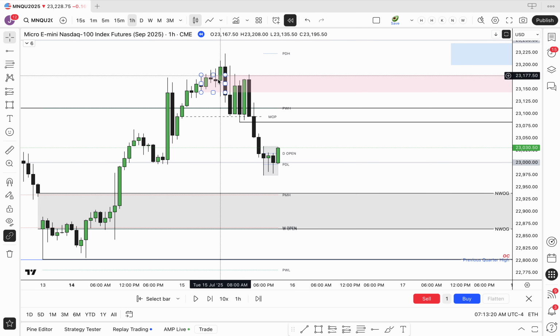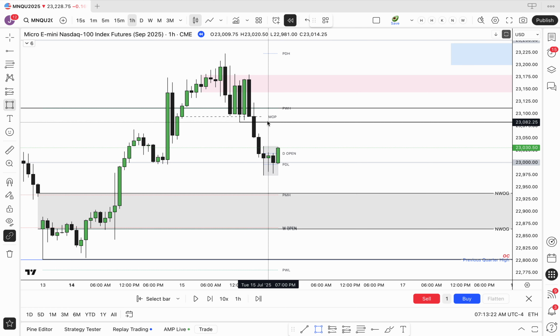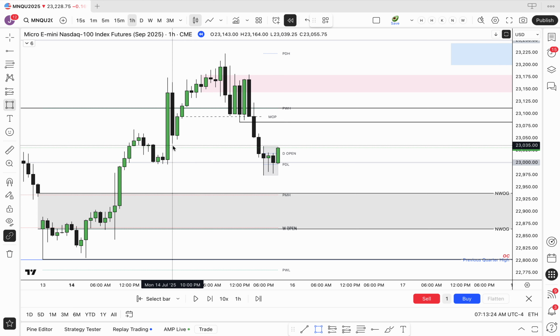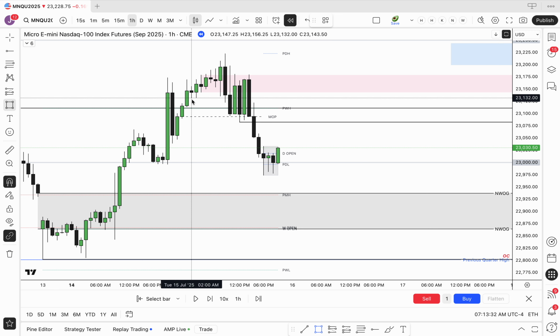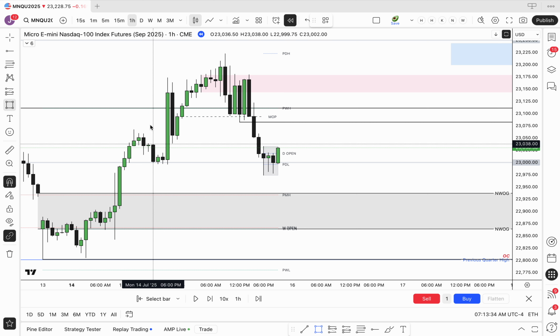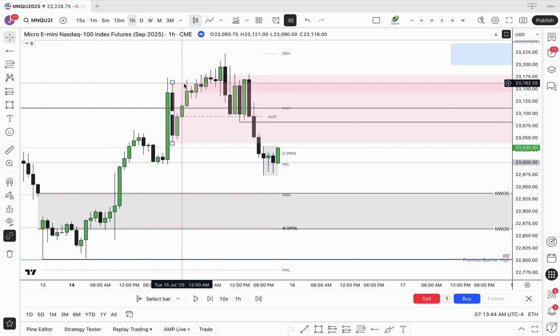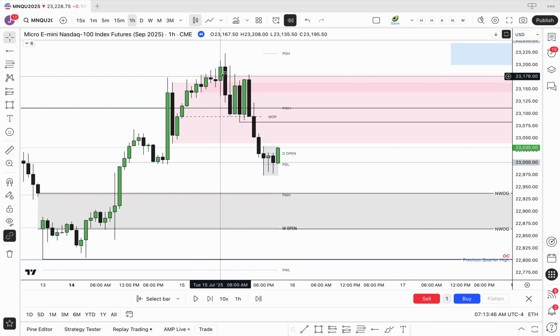And now we look to the left side of the curve for arrays that have been used as support to function as resistance for the sell model. So we have that. What else do we have? We have a fair value gap. It's not been used as support. We have this order block that has been used as support, at least a high.